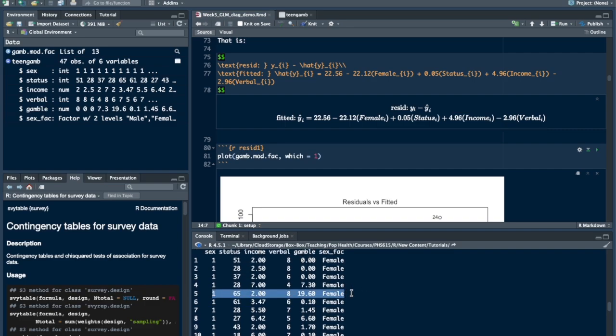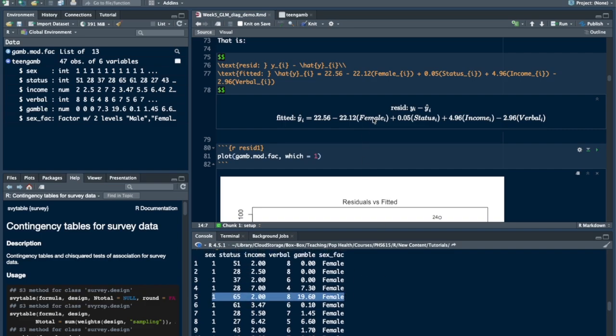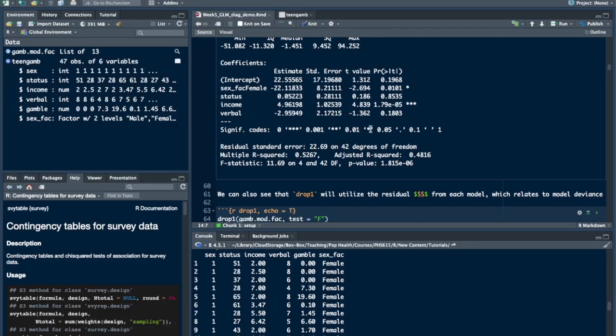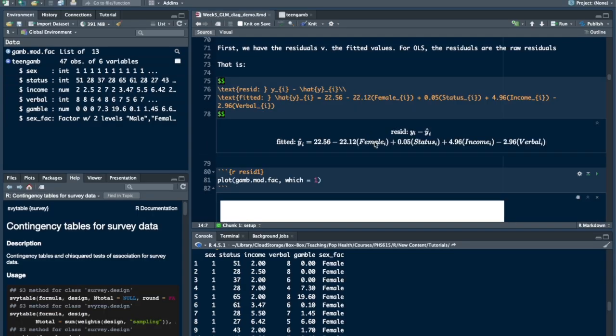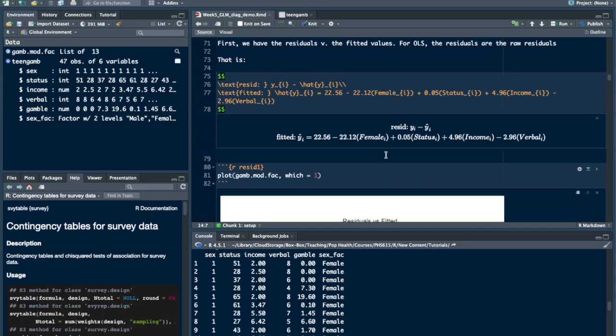Okay. So what we would do is just take the predictors. So this is a female. Socioeconomic status is 65. Income of 2. Verbal score of 8. We plug those things into the equation and multiply by the constants there, right, which we get from the model, so the model coefficients, and we'll get a predicted value for that person.